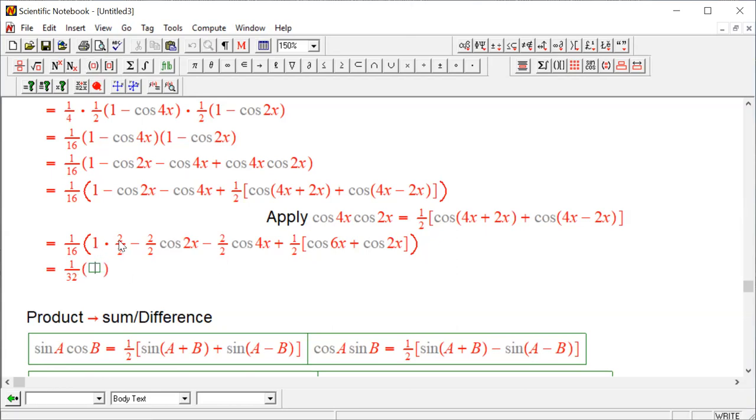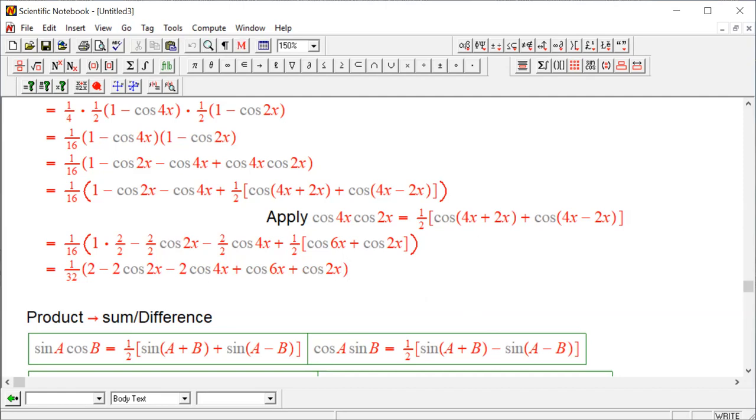So this piece becomes 2, and minus 2 times cosine 2x. Over here, we have minus 2 times cosine 4x, because all of these 2's are factored out. Now it comes to this piece. So we have cosine 6x plus cosine 2x.